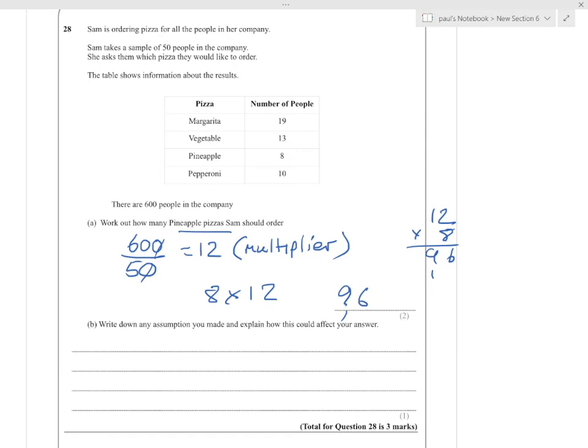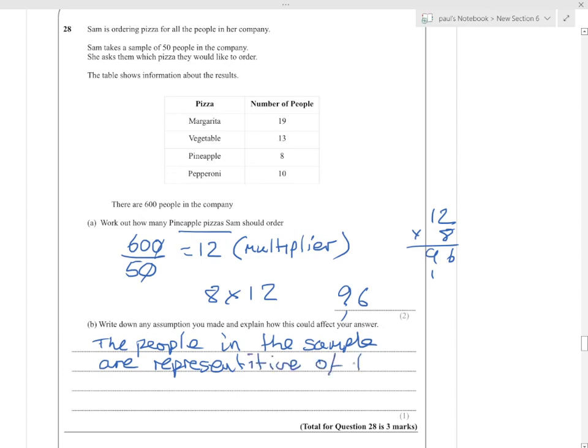Write down any assumptions. All the people in the sample are representative of the whole company, meaning everybody likes the same sort of amount.